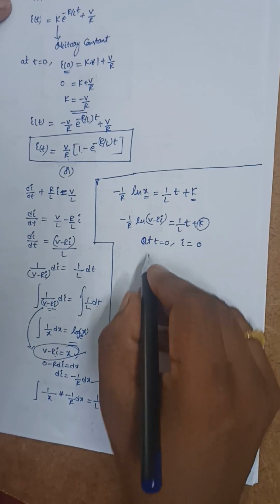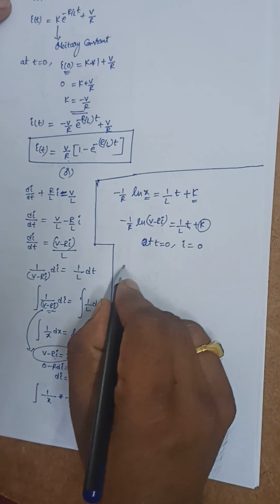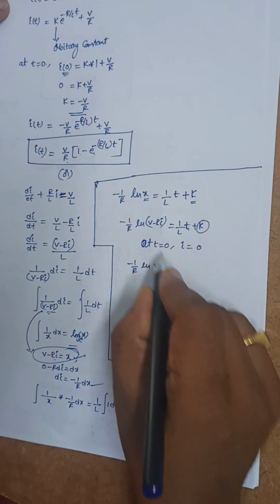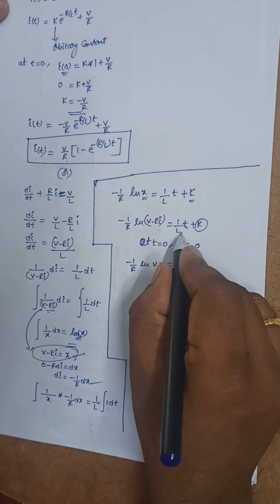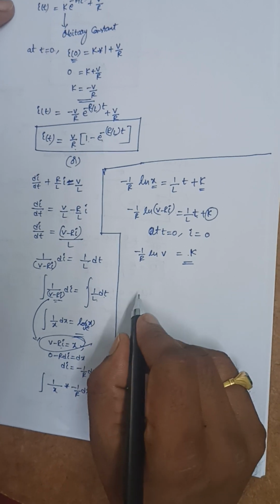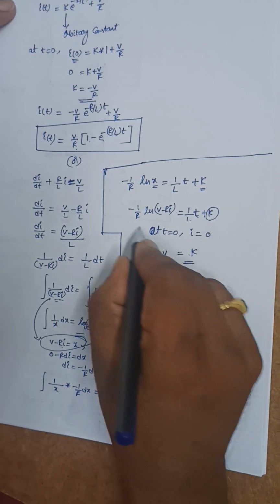If I substitute t is equal to 0 here, this expression will be minus 1 by R ln V, with I equal to 0, is equal to k. So the value of k is this one, and substitute it in this expression.